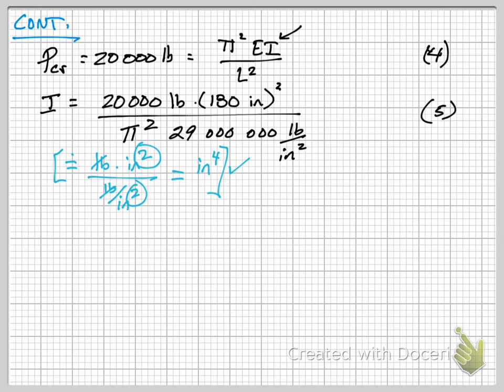All right, so when I calculate this all out, this represents my minimum I value needed to achieve our desired results. And I get 2.26 inches to the 4th. I'm going to call that our I required.